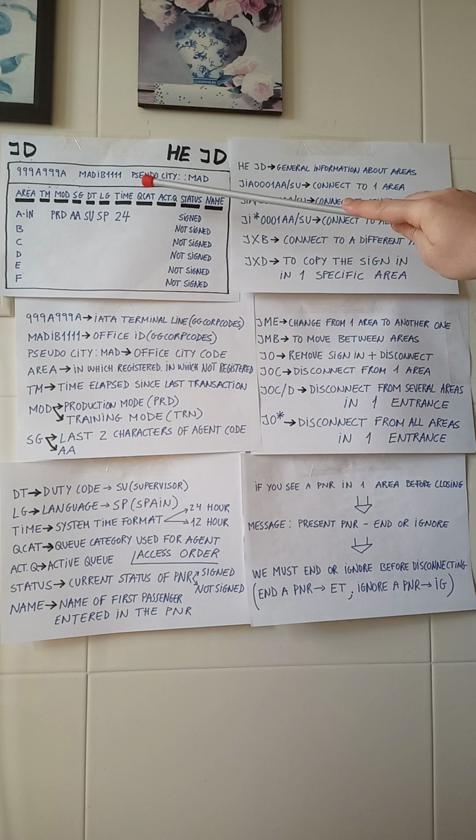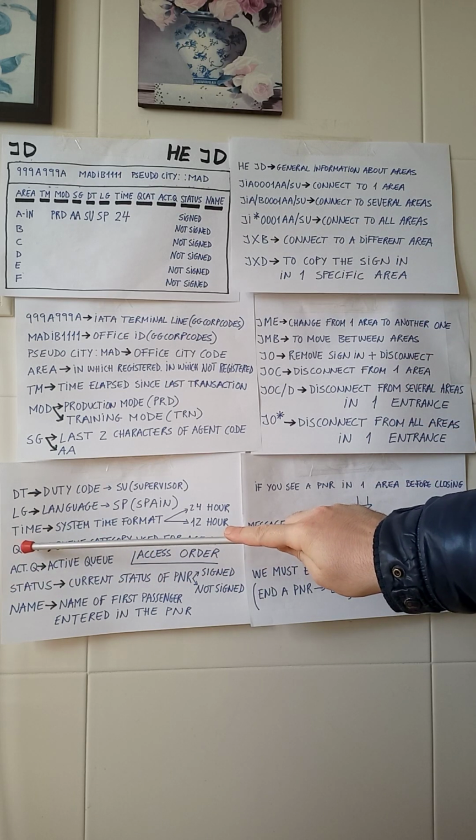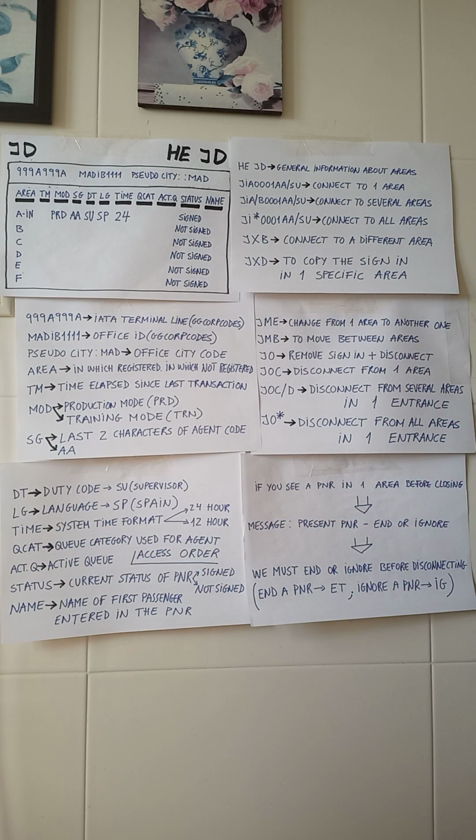QCAT, this one, stands for queue category, and it indicates the identification number of the type of queue that has not been managed. ACTQ, this one, stands for active queues, and it tells us the number of unmanaged queues of the type specified before in QCAT.